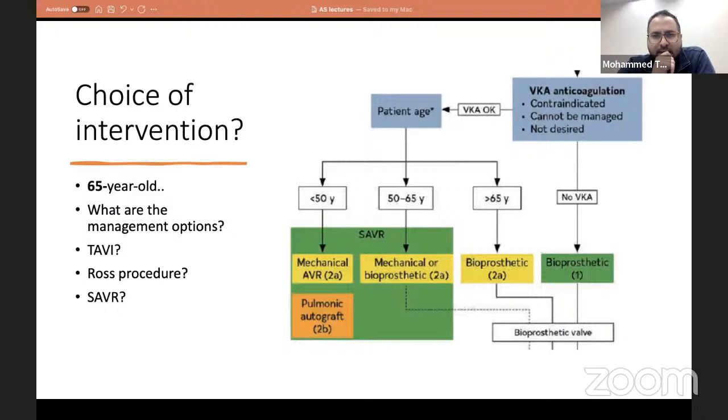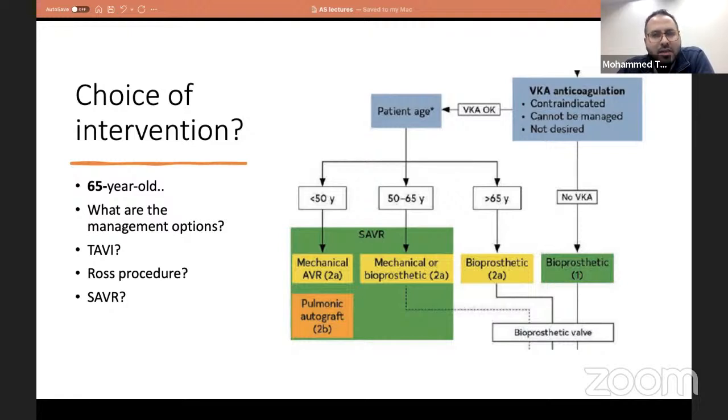Then comes the important discussion about the choice of intervention in these patients. That by itself in the guidelines is a very important paper because there is so much information that you can obtain, and I'll shed light on the surgical aortic valve part.